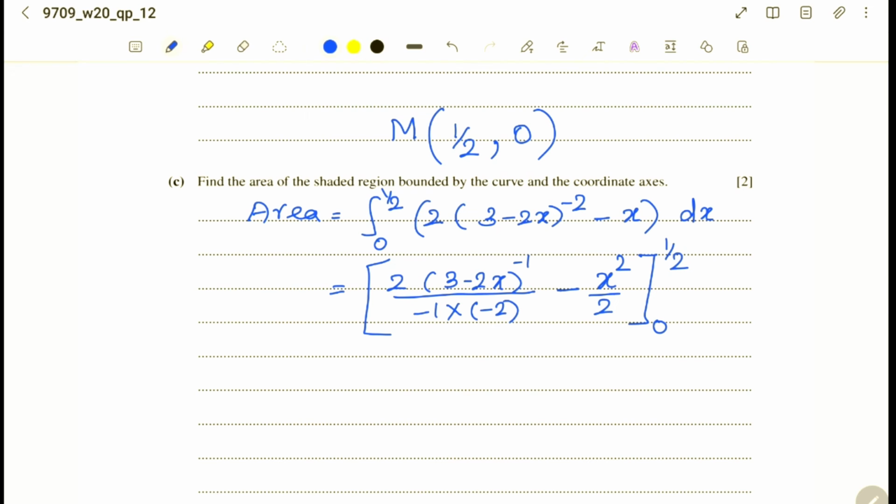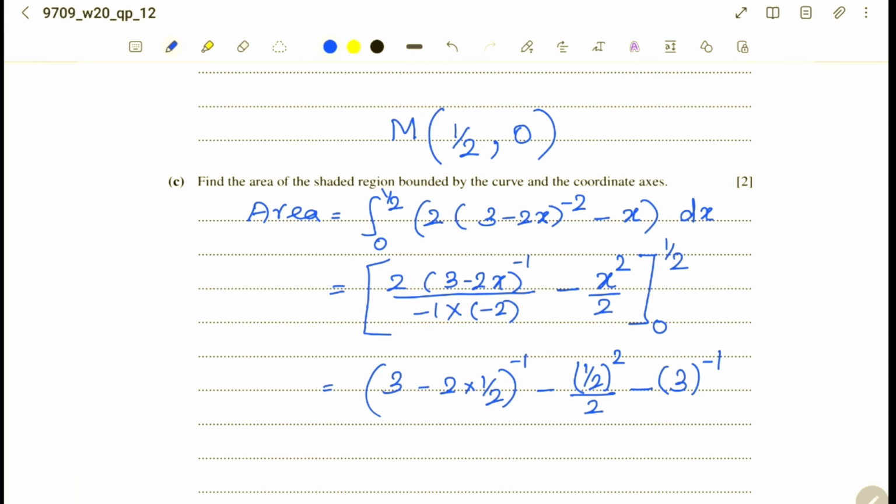The 2 and 2 get cancelled, and minus multiplied by minus will become plus. So let us substitute 3 minus 2 times 1 over 2, power negative 1, minus 1 over 2 the whole square divided by 2, minus 3 power minus 1, and for x square if you substitute 0 it will give 0.